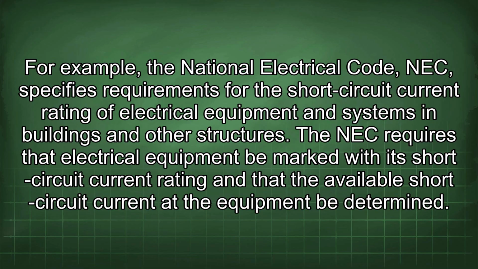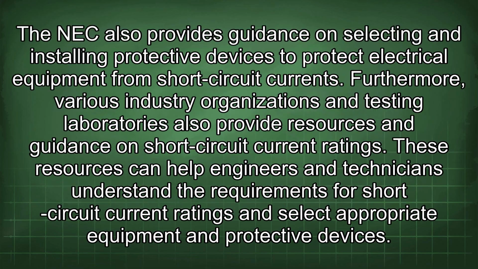The NEC requires that electrical equipment be marked with its short-circuit current rating and that the available short-circuit current at the equipment be determined. The NEC also provides guidance on selecting and installing protective devices to protect electrical equipment from short-circuit currents. Furthermore, various industry organizations and testing laboratories also provide resources and guidance on short-circuit current ratings.